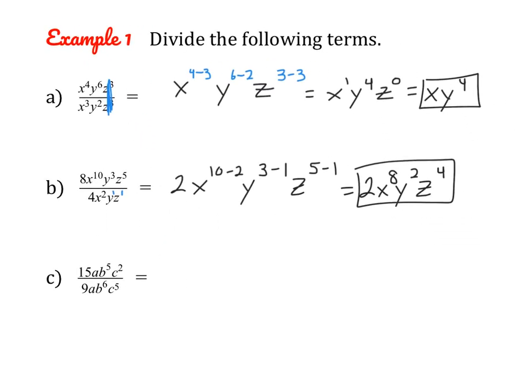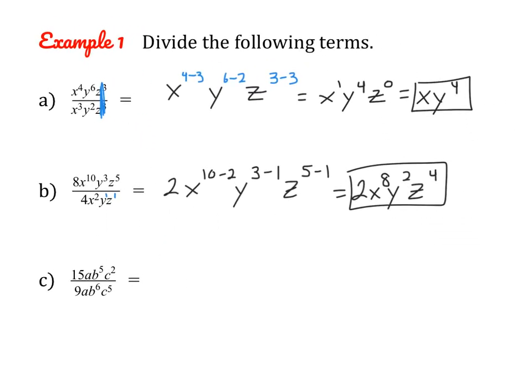Okay, let's try this last problem. So here we're going to start with the numbers. So 15 is not divisible by 9. However, 15 over 9 is a fraction that can be simplified. So if I divide the numerator and the denominator there by 3, this becomes 5 over 3. So if you see two numbers that aren't divisible but you can simplify, you need to do that.